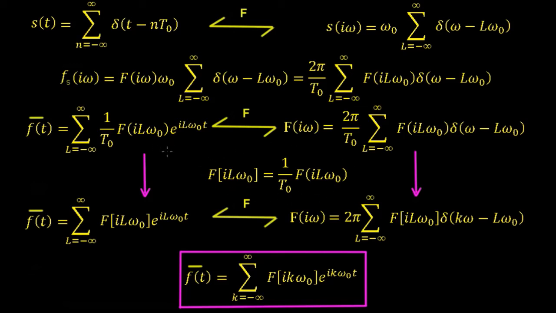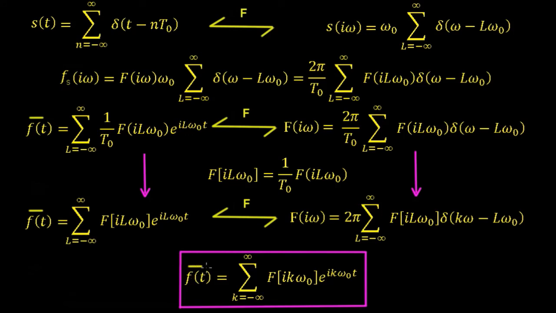So if we go from the continuous domain here to the discrete domain here, we're going to replace this 1 upon t naught F of i l omega naught with our F of i l omega naught in square brackets, because it's going to be the discrete version. So we'll be left with this equation here. Now we're going to just rewrite this equation. We're going to have our f of t.